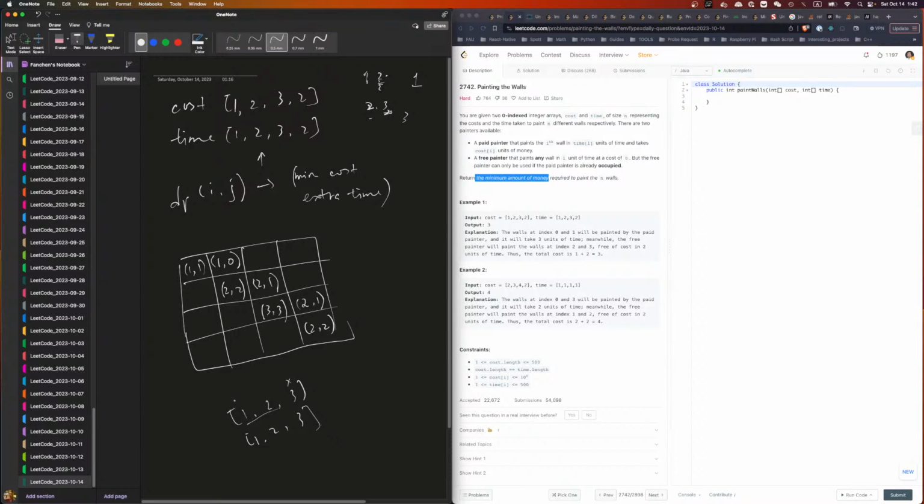And 1 has 1 extra. So in this case, if I don't take 3, I'm going to try to see 1, 2, right?